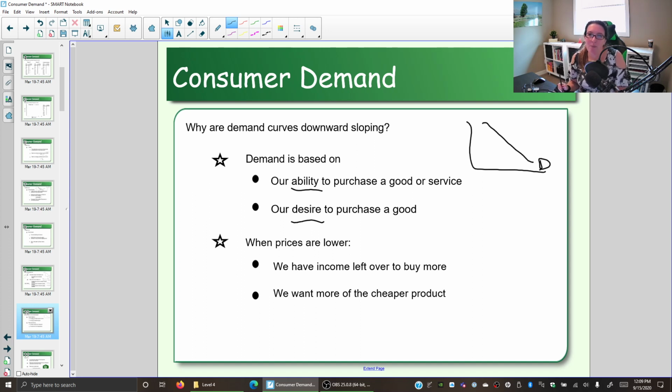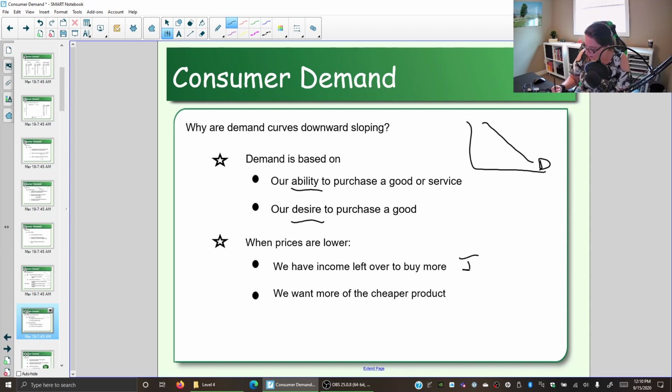We also have preferences towards specific goods. And so when the price of one of those goods changes, we want to buy more of it, right? Because it's cheaper. So when there are two goods that are equivalent, we're going to buy whichever one is cheaper.